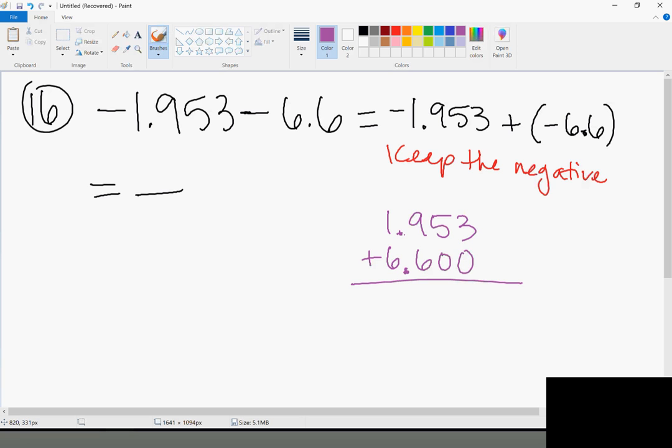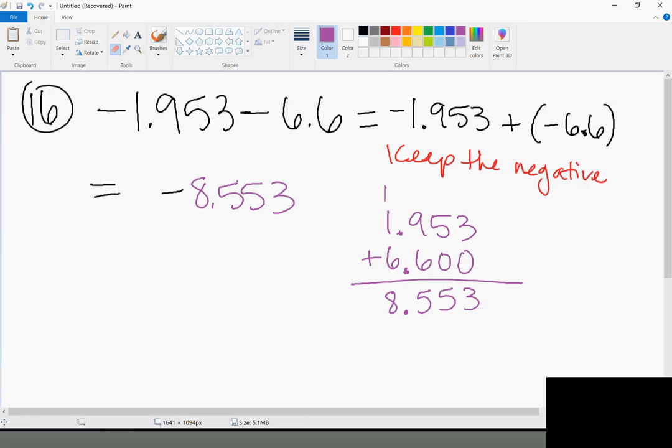And so now we just add like you would normally add whole numbers. So 3 plus 0 is 3, 5 plus 0 is 5, 9 plus 6 is 15. Carry the 1. And then 1 plus 1 plus 6 is 8. All right, so your answer is going to be negative 8.553.